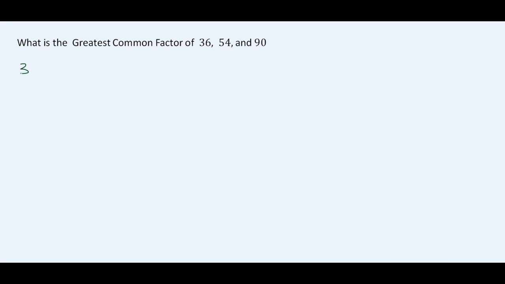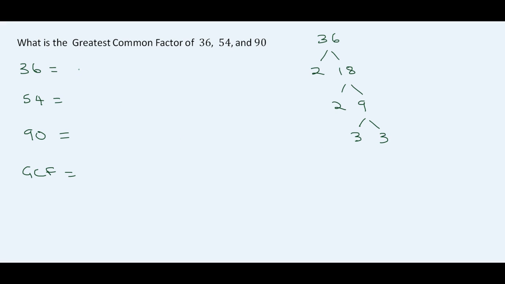So we have 36, 54, 90, and then we're going to look for the greatest common factor. For 36, let's create the prime factors. We have 2 multiplied by 18. 18 is 2 multiplied by 9, and then 9 is 3 multiplied by 3. So this is going to be 2 times 2 times 3 times 3.